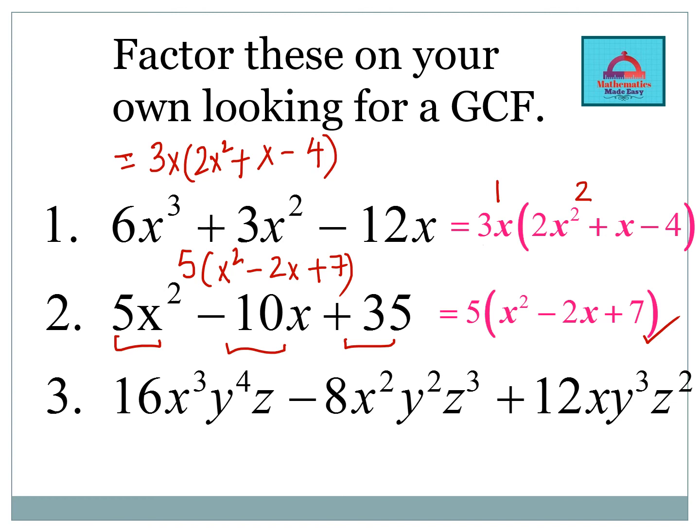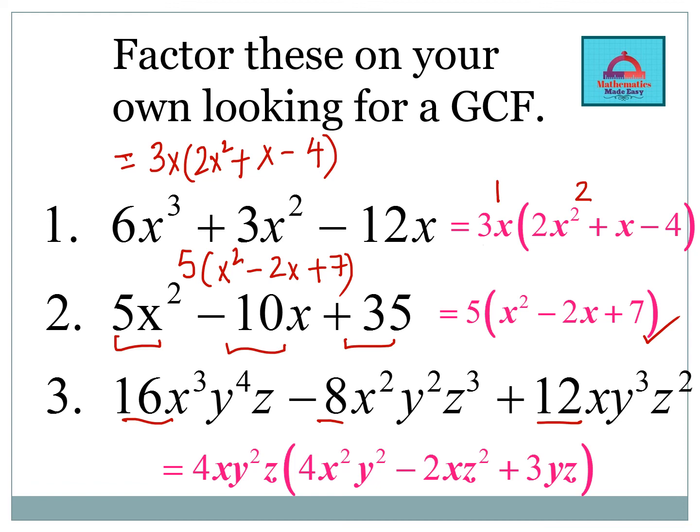The last one has three terms again, and we need to take the GCF. First we'll take the GCF of the numbers. So 16, 8 and 12, the GCF is 4, you take it out, and then the variables. For x, it is x cubed, x squared, and x to the power of 1, so the highest common factor is x. Then you move to y to the 4, y squared, and y cubed, so y squared is the GCF.